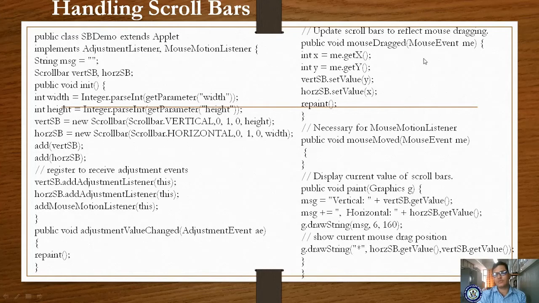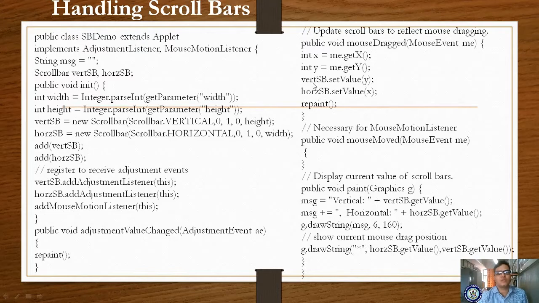Through the mouse event ME object, you are accessing the scroll bar's x coordinate value as well as y coordinate value. So for that you are using int x is equal to me dot get x, which gives the x coordinate, and get y gives the y value.